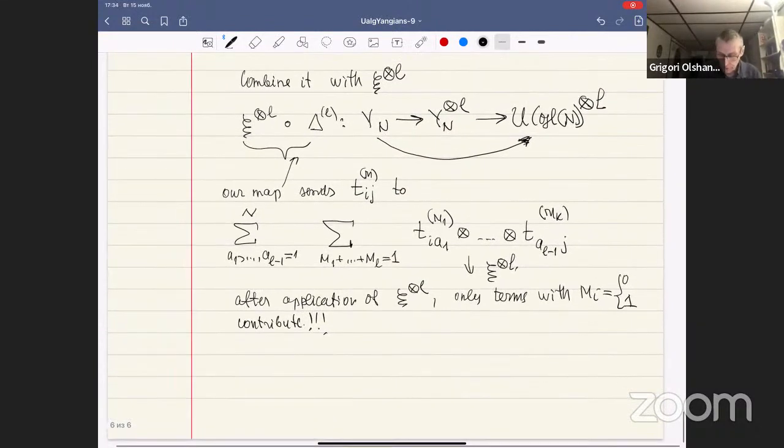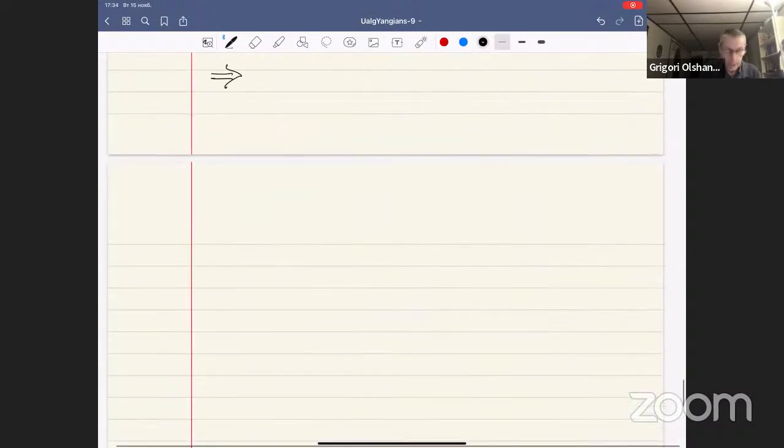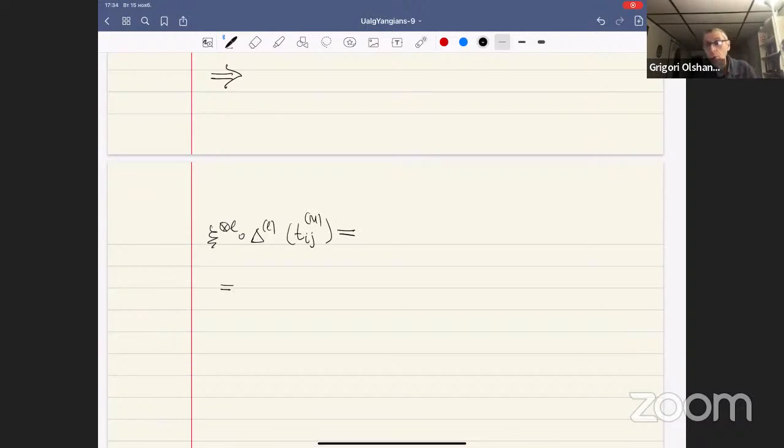And it follows that actually we get the following. The map is given by the following expression. We have to look at the positions where the upper indices are equal to 1.